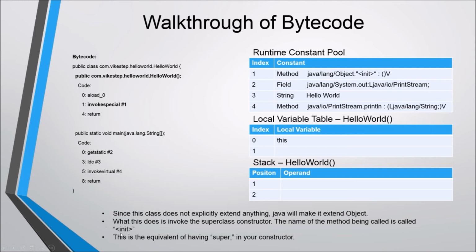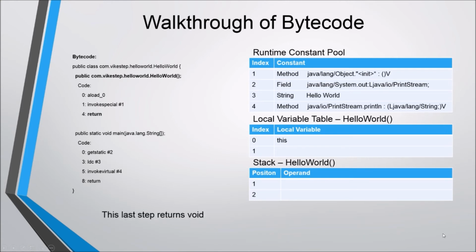So whenever you see that, that's a constructor. The invokespecial super is equivalent to having super(); in your constructor. And then we return void, because every method needs to have a return, and the constructor is typeless.